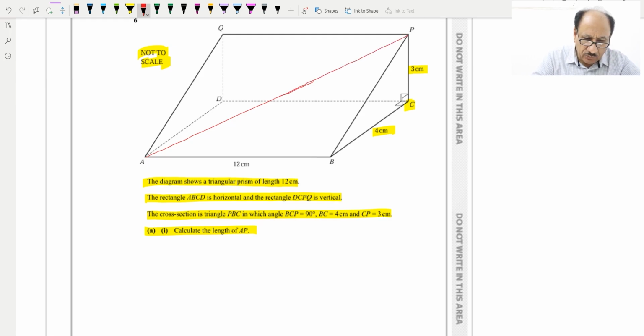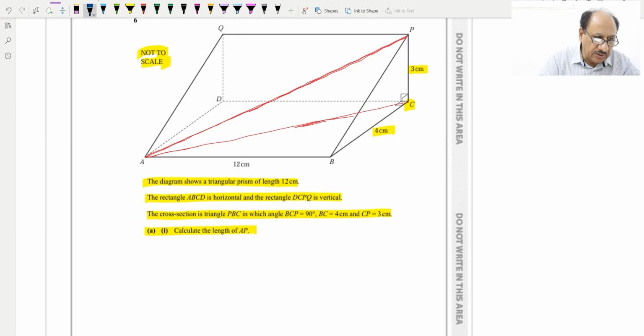So this is the length which is required, and to find the AP length, first we will be joining this base also, and that base will be helping us to find it. So we can consider this triangle. This will be a right angle, and we will be considering this triangle first, which is ABC.